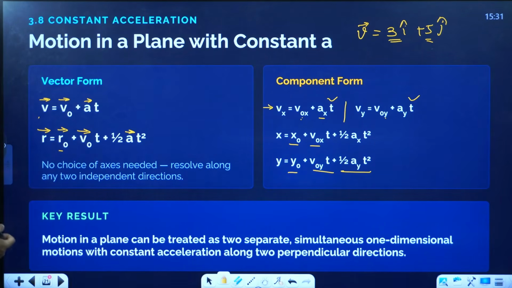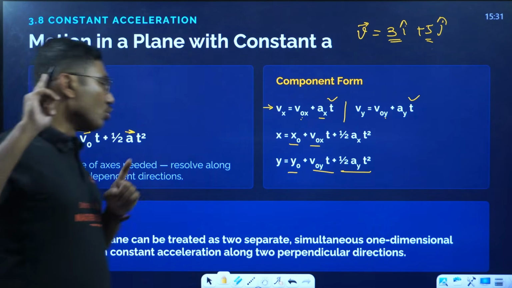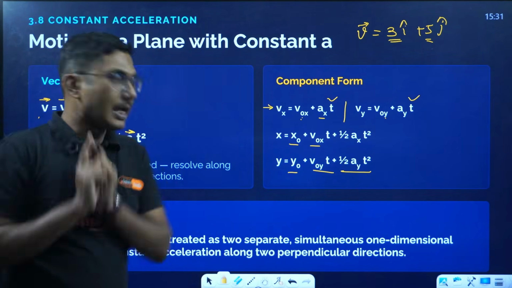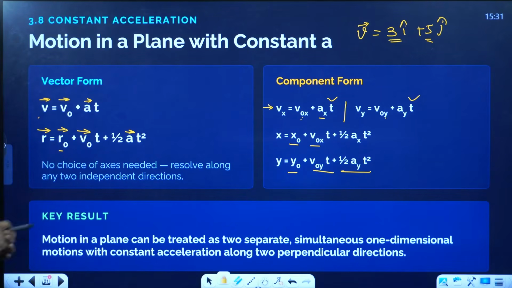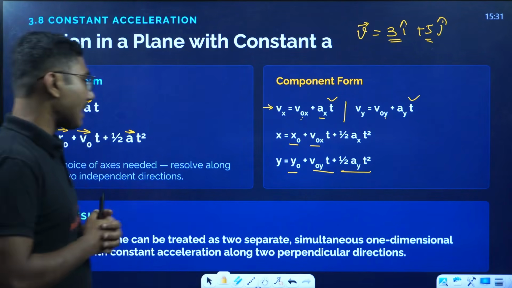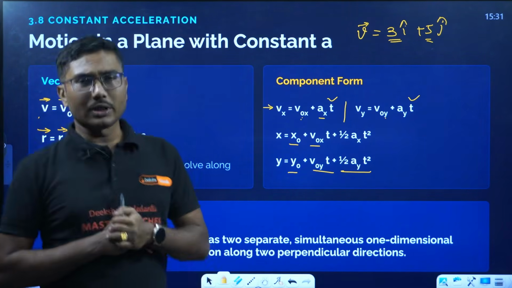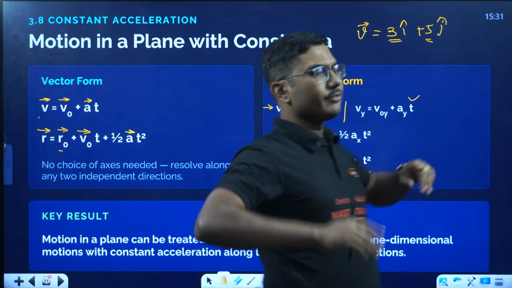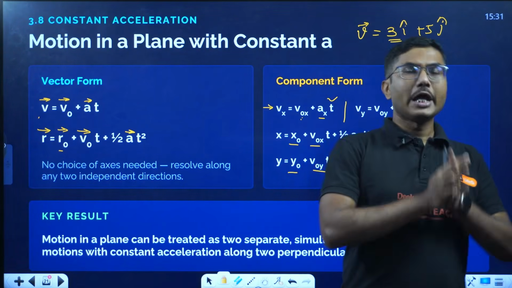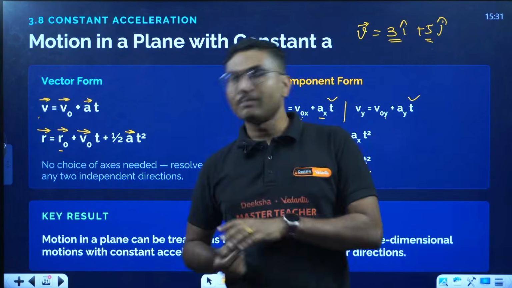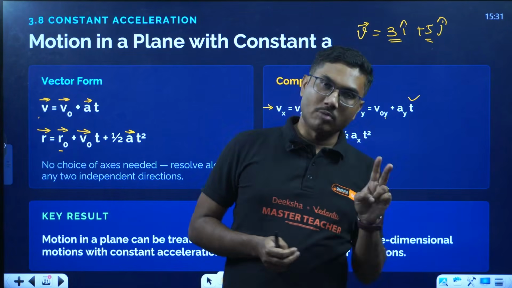Motion in a plane can be treated as two separate simultaneous one-dimensional motions with constant acceleration along two perpendicular directions. So basically when you are talking about motion in 2D, you can break it into two components, x and y.